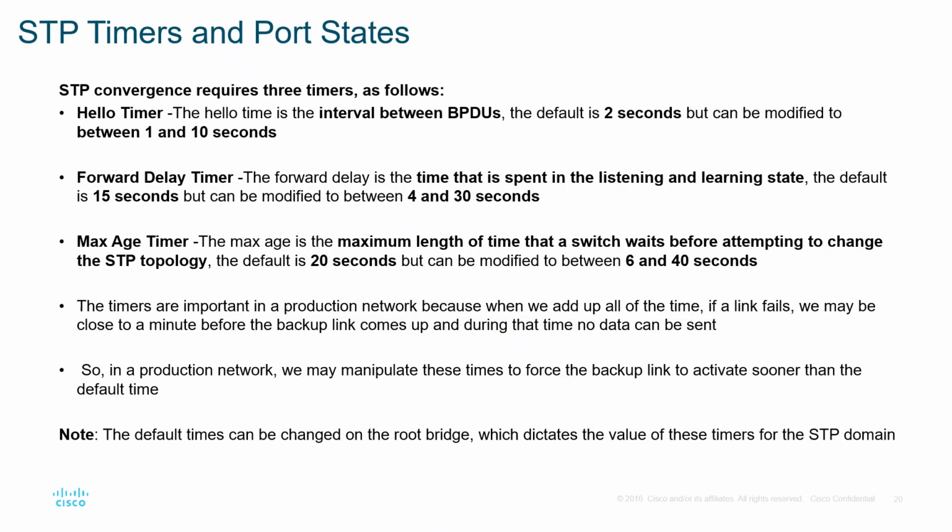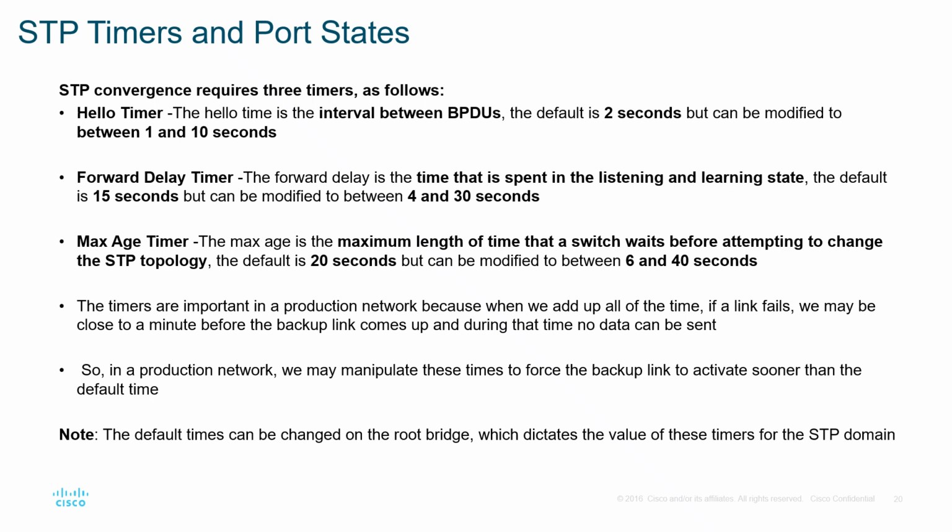Now, STP convergence requires 3 timers. Your hello timer is the interval between BPDUs. The default is 2 seconds, but it can be modified to between 1 and 10 seconds. Then you have your forward delay timer.